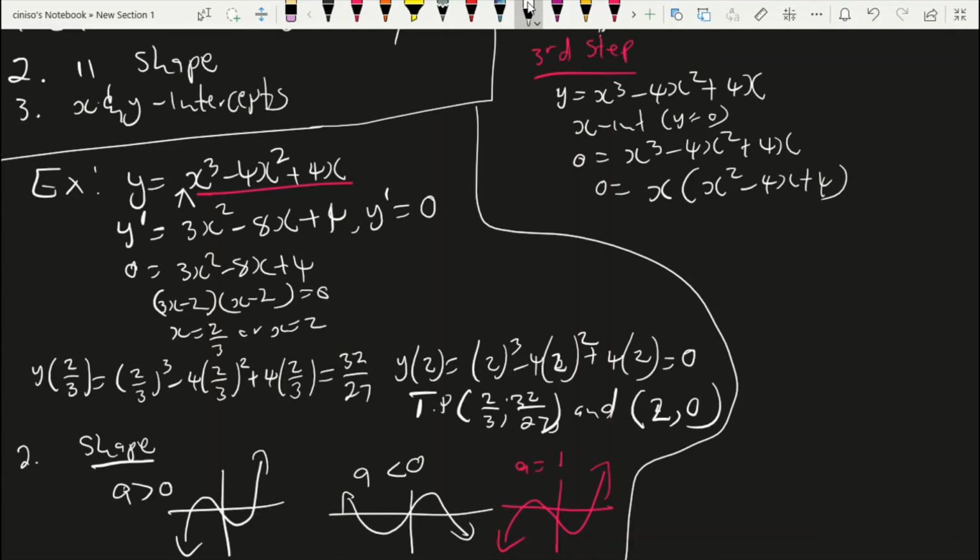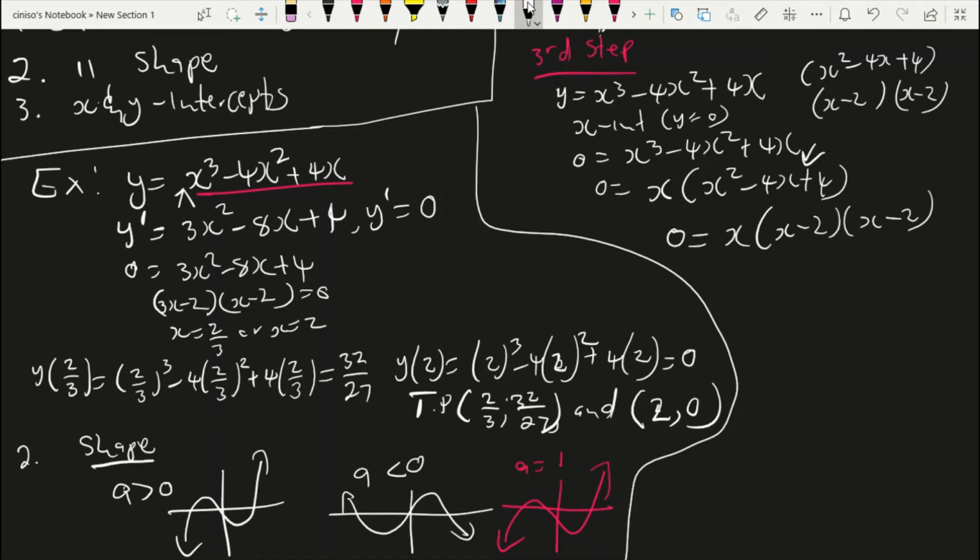And then you factorize this: x squared minus 4x plus 4 is (x minus 2)(x minus 2). So 0 equals x(x minus 2)(x minus 2). Therefore, x equals 0, or x equals 2, or x equals 2. So these are your x-intercepts when y is 0.